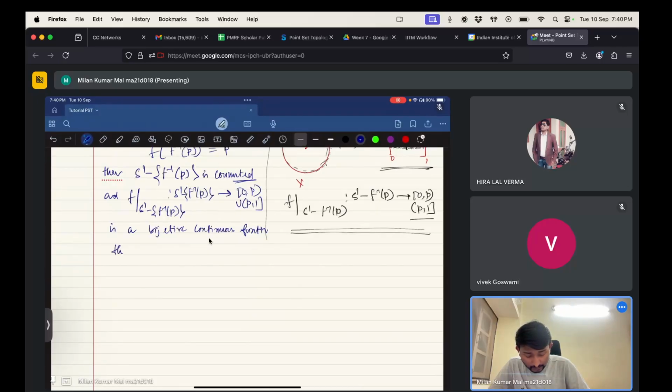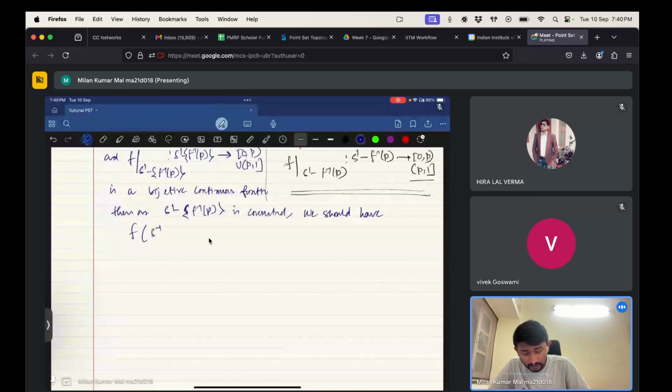As S1 minus the single point is connected, moreover path connected, we should have f of (S1 minus F inverse of P), which equals 0 to P union P to 1, being path connected or connected.